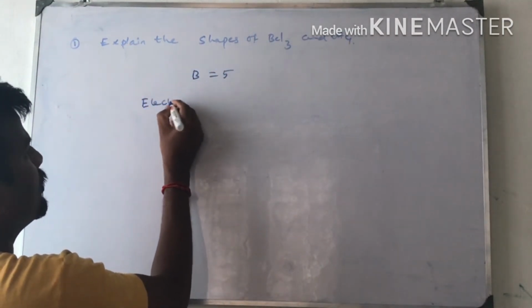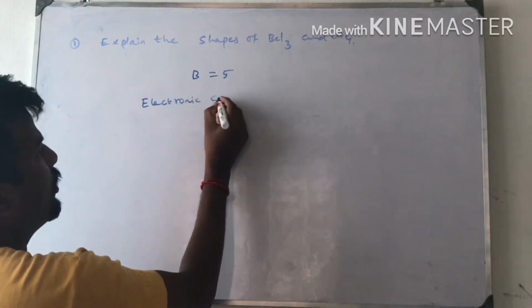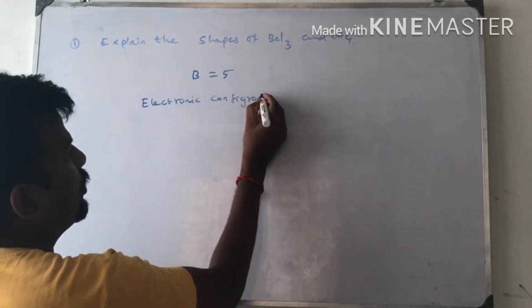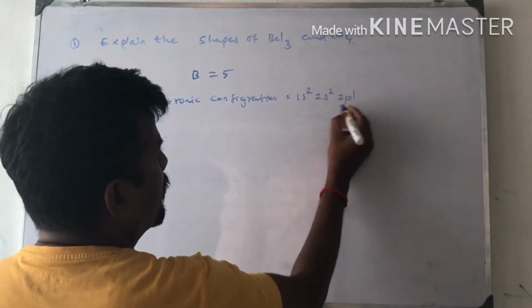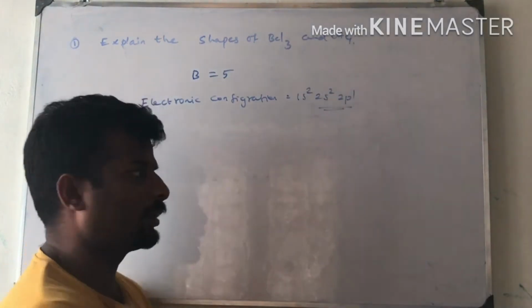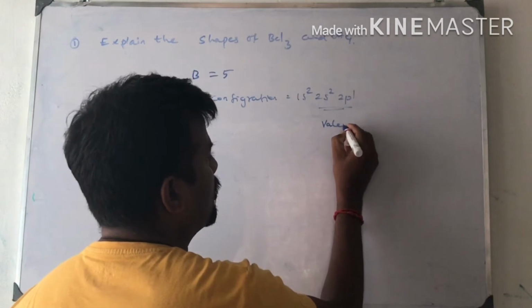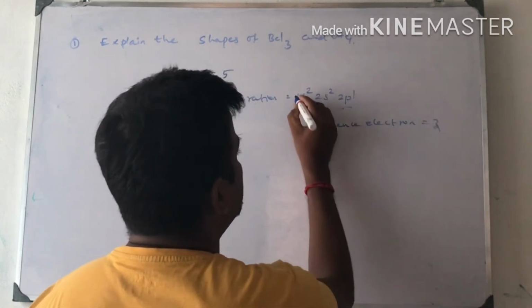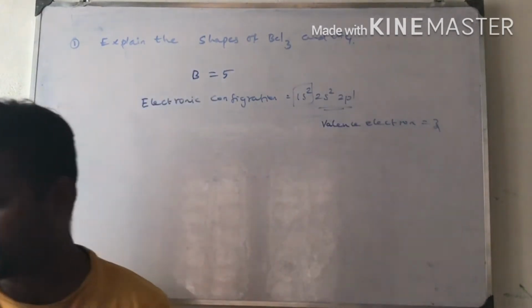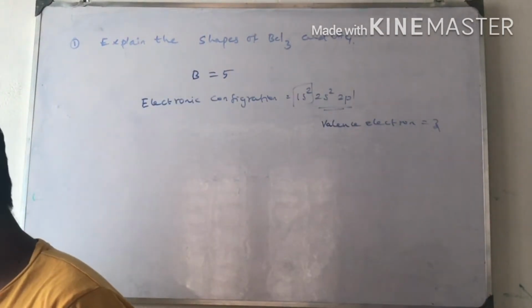Electronic configuration is 1s2, 2s2, 2p1. So the valence electron count is 3, because the other electrons are inner shell. This is the valence electron.